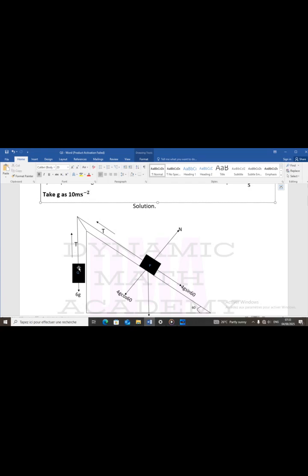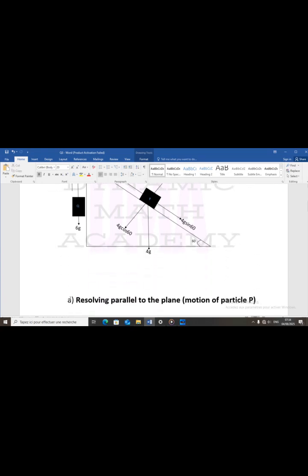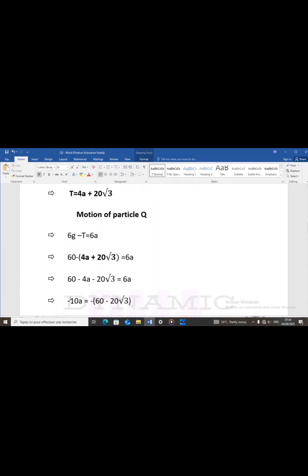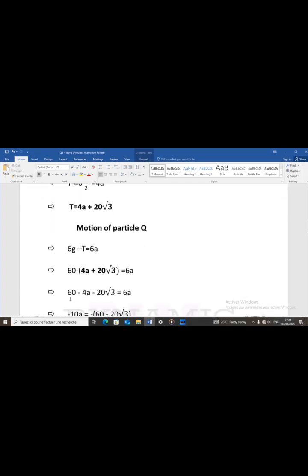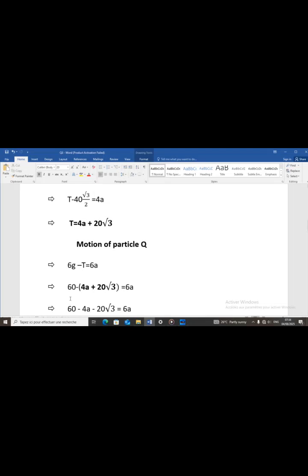So in that case, we're going to have 6g minus the tension force equals 6a, since the mass is 6 kilograms. That is why I have 6g minus T equals 6a.